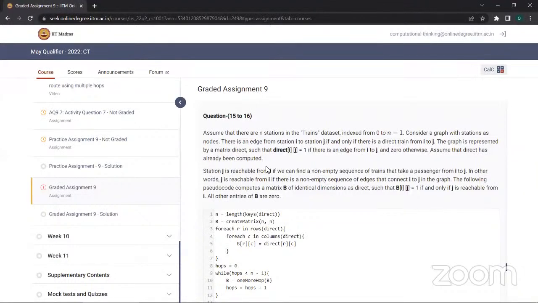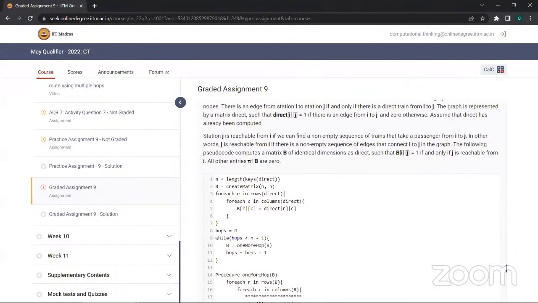Okay, so we assume there are n stations in the train data set, indexed 0 to n minus 1. Okay, so this is what you are talking about, right?